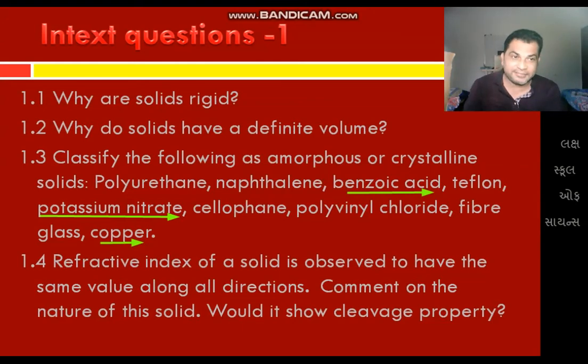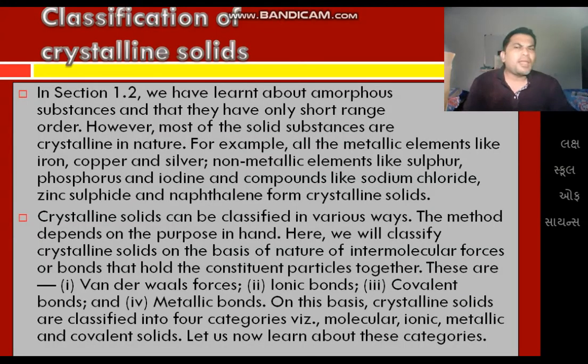Okay, so now we are in another world. Classification of crystalline solids. We can classify the crystalline solids. This will be the heart of the topic. In section 1.2 we saw that some solids have only short range order.